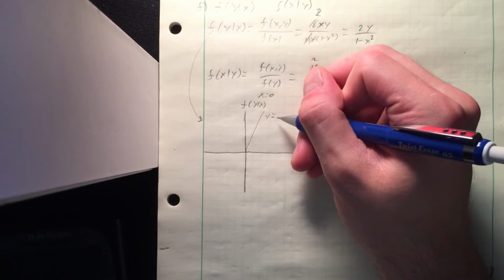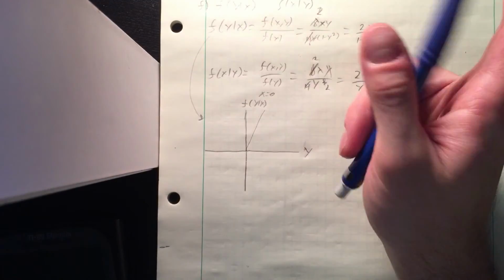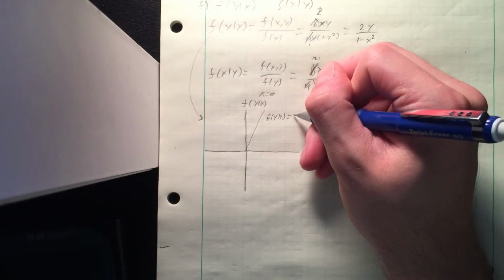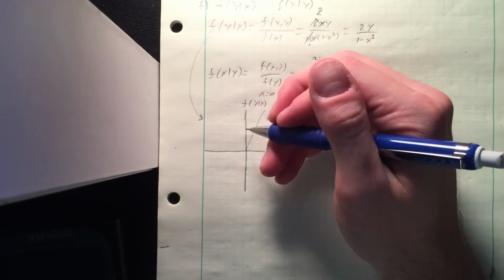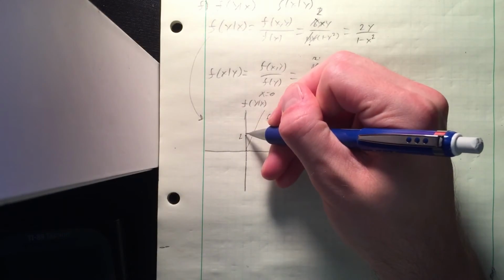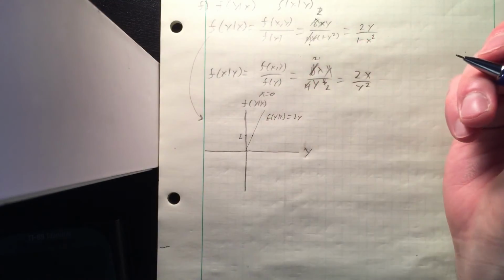In this case, function f y given x, which is fixed, is going to be equal to 2y. So y is going to be 1, for example.